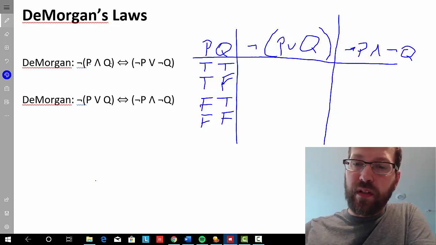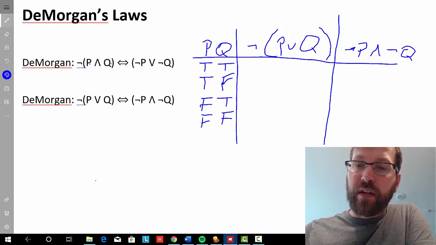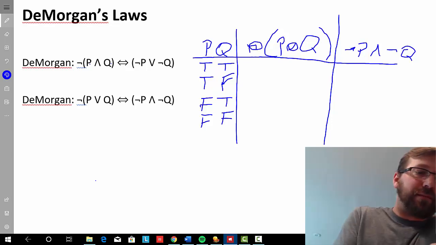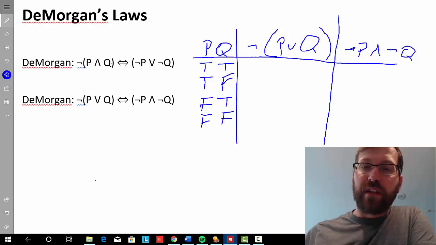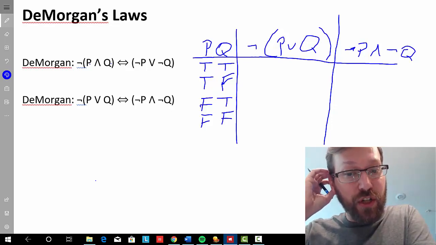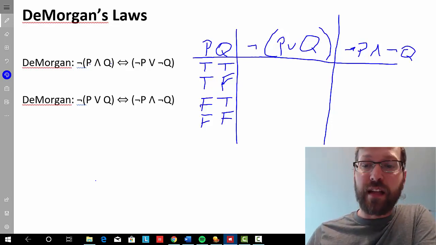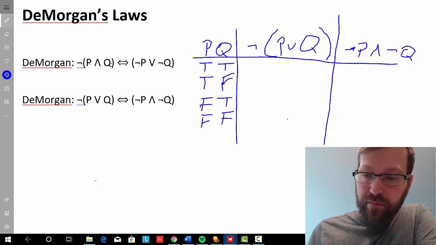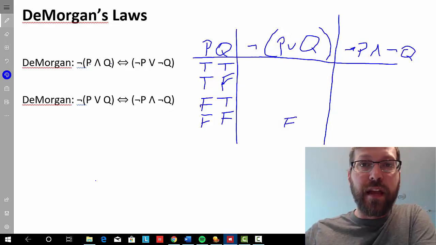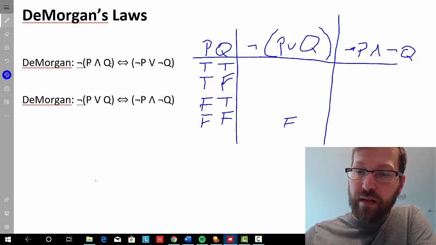All right, so in this first one, we have a negated disjunction, which means we've got to figure out the truth conditions of the disjunction before we can figure out the truth conditions for the negation. We said that a disjunction is true if and only if at least one of its disjuncts is true. Well, there's only one case in which it's not the case that at least one of the disjuncts is true, and that's the fourth case. In situations 1, 2, and 3, we have at least one of the disjuncts being true.